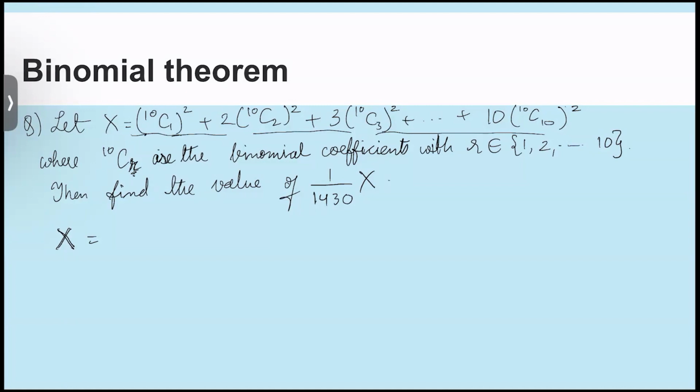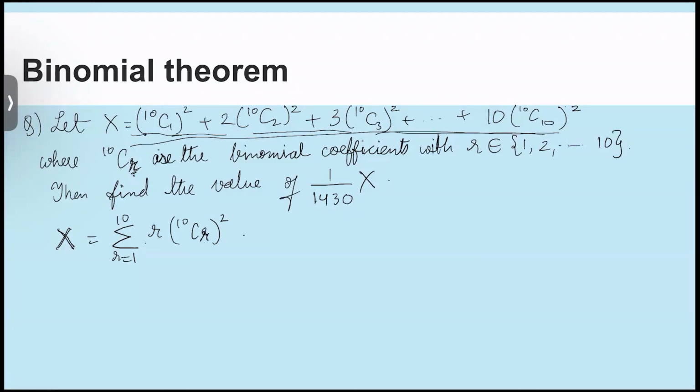So this can actually be written in summation notation, with r going from 1 to 10. The entire expression can be shortened and written like this. Whatever r you take, that r is also multiplied to the square of this coefficient.